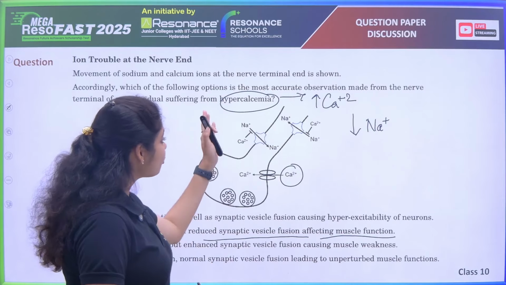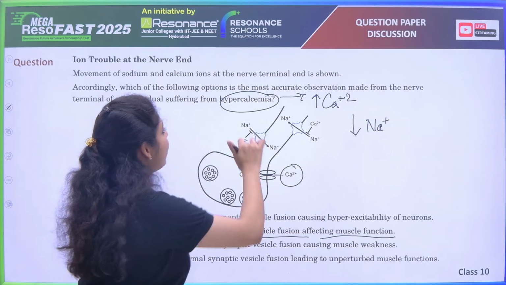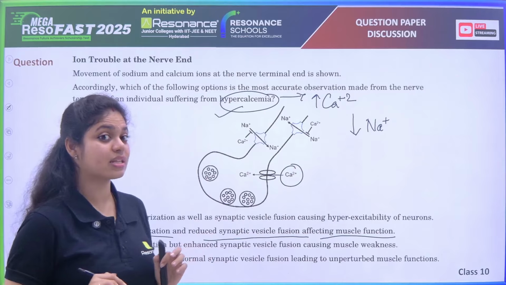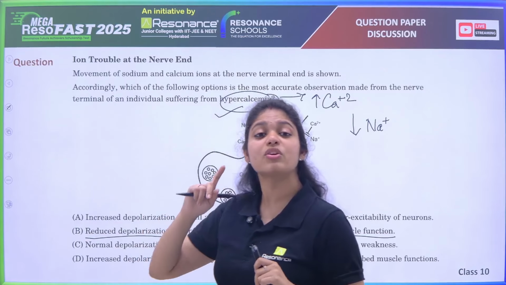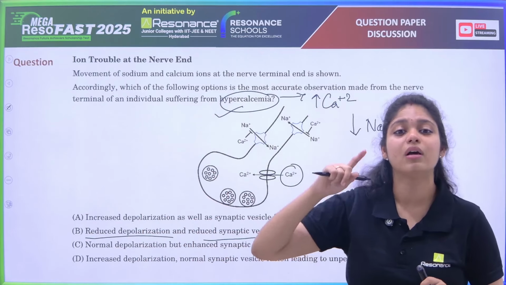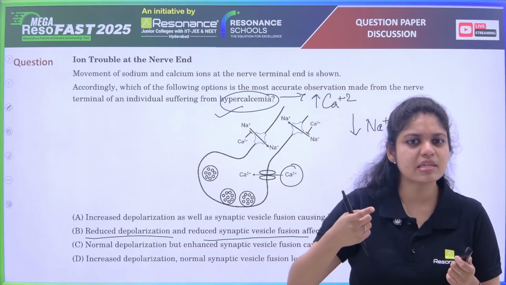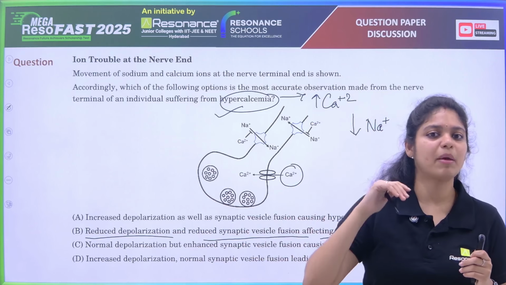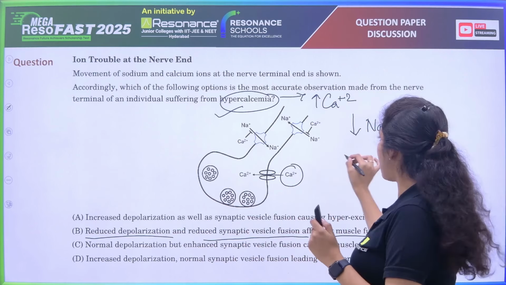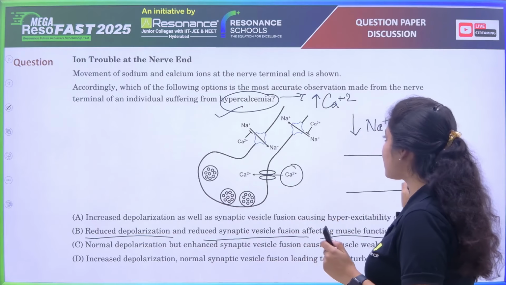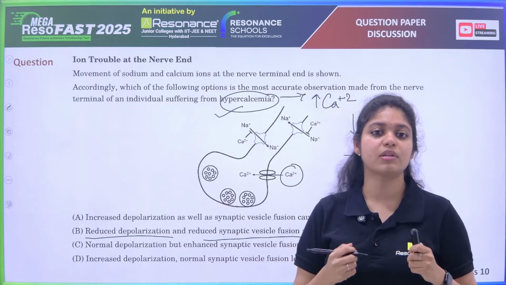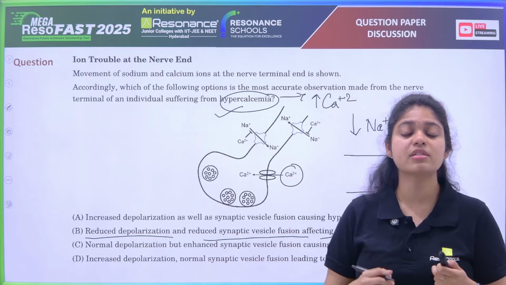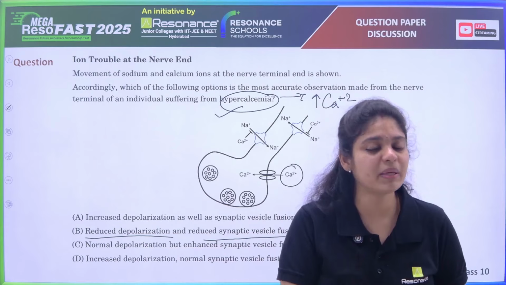Yes. So according to this diagram and the condition which is given, that is hypercalcemia, which is increased Ca2+ in the blood, because of increased Ca2+, Na+ will be decreased. Outside the membrane there should be Na+ ions, and they have decreased. When Na+ ions have decreased, the depolarization will be decreased.